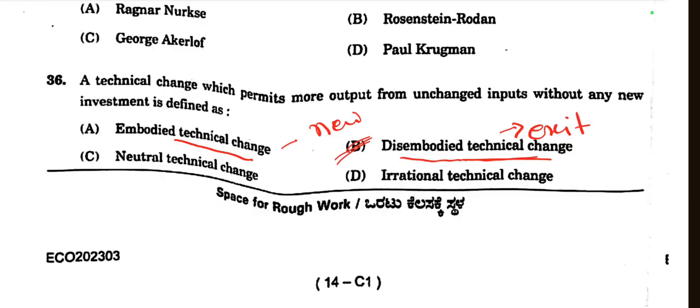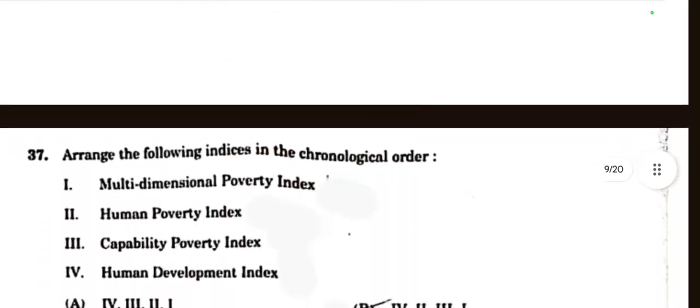A technical change which permits more output from unchanged input without any new investment is defined as disembodied. But embodied means when new technical changes are made and attributed to investment in new equipment. Here the right option is option B.